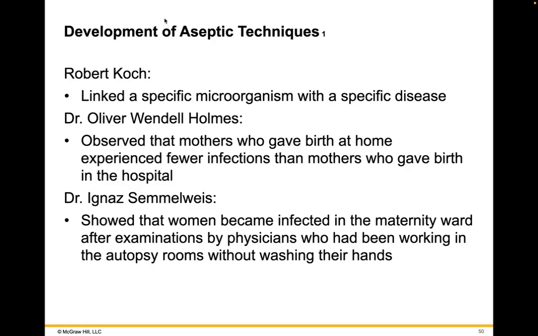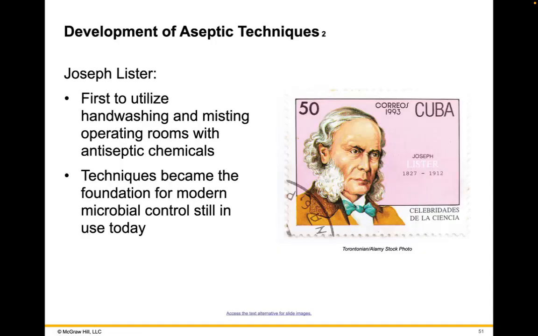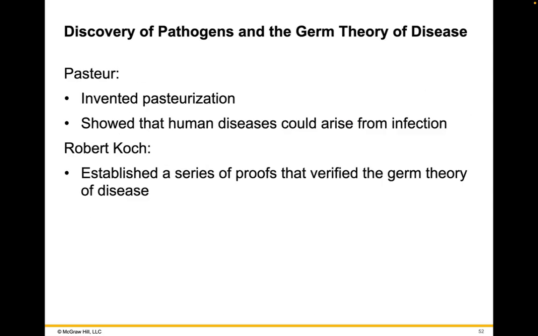So all of these people observing these phenomena helped develop aseptic technique. Now, Joseph Lister was the first to utilize this idea of hand washing and misting operating rooms with antiseptic chemicals. His techniques became the foundation for modern microbial control that is still used today. Washing your hands is so important, as you know.